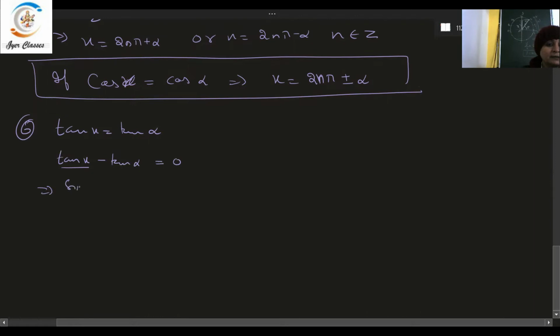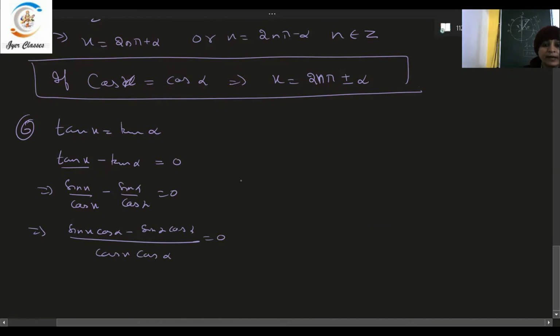Or you can write sin x by cos x minus sin alpha by cos alpha is equal to 0. Or you can write sin x cos alpha minus sin alpha cos x divided by cos x cos alpha, that is equal to 0. We can see denominator में कुछ भी रहे, so कोई फर्क नहीं पड़ता, 0 हो जाएगा.